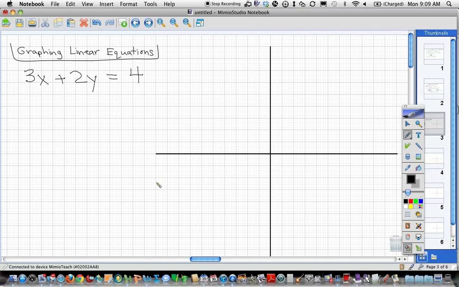This is the kind of equation that we need to be able to graph. And in your notes, it would be good to put a grid like what I have here, or an x and y axis. And remember, this axis here is called the x-axis, and this axis over here is called the y-axis.